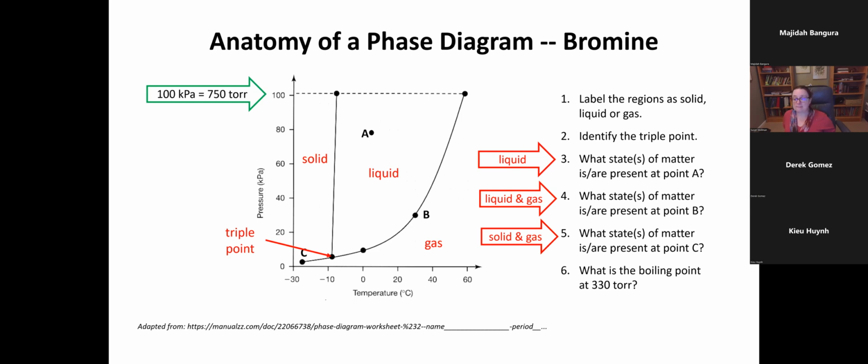Okay. Right. So I'm going to remind you that boiling is when the vapor pressure equals the atmospheric pressure. And we want to know what's the temperature of boiling at 330 torr. Okay.